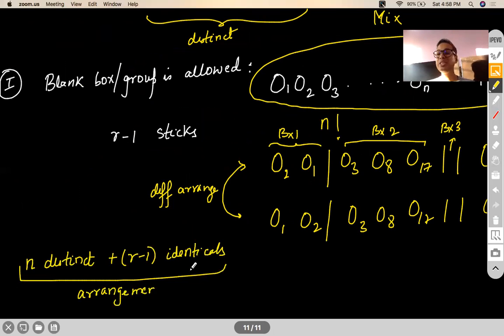So how many ways can you arrange? Let's say it is like asking the question, how many 4-letter words can you make from moon, where M, N are distinct and O identical? Your answer will be 4 factorial by 2 factorial, isn't it? In the same way, here the answer would become N plus R minus 1 factorial by R minus 1 factorial.